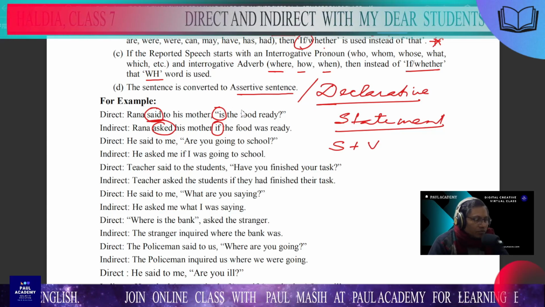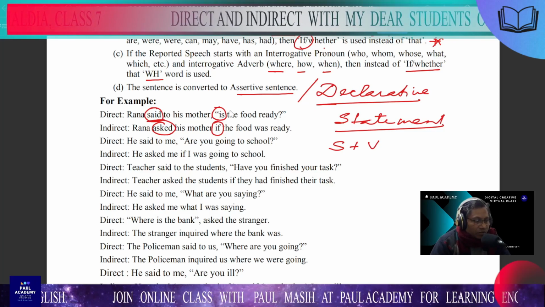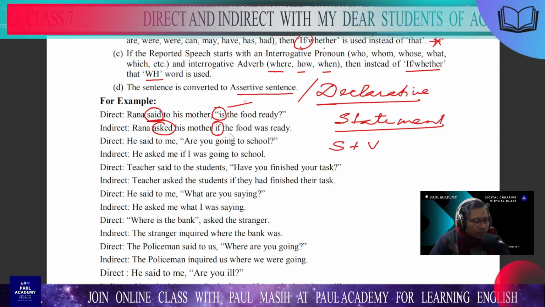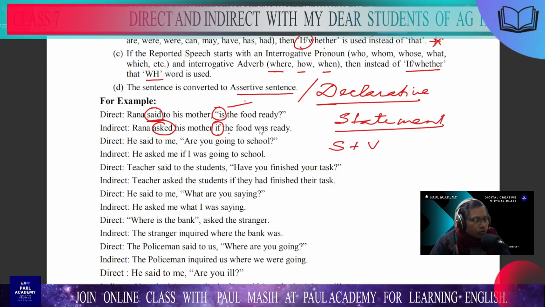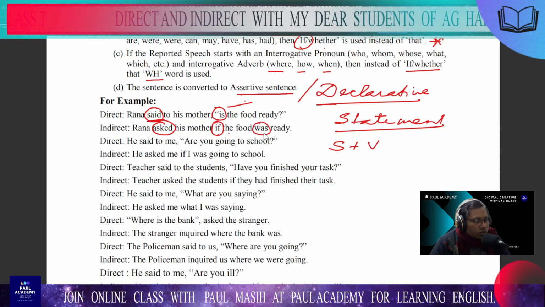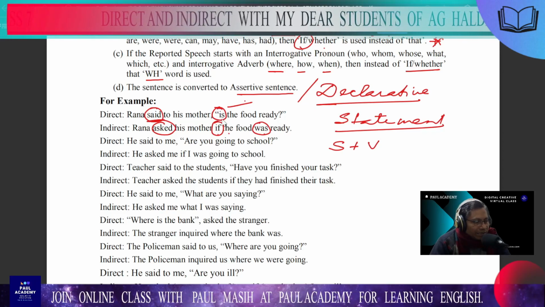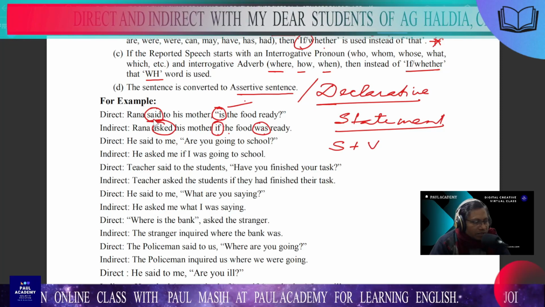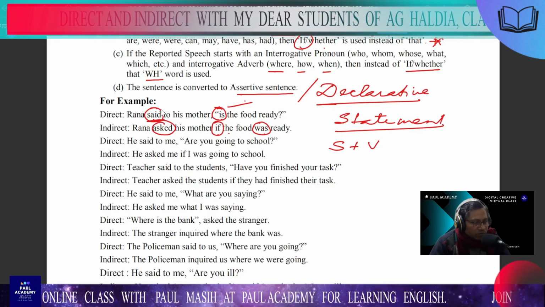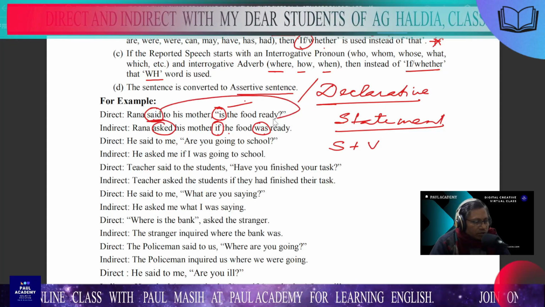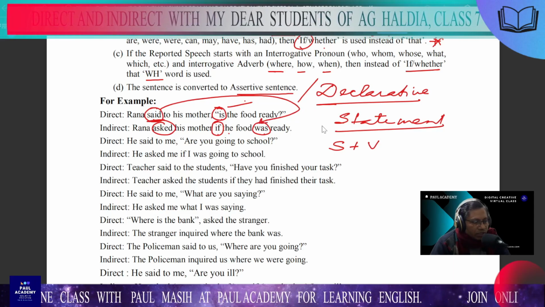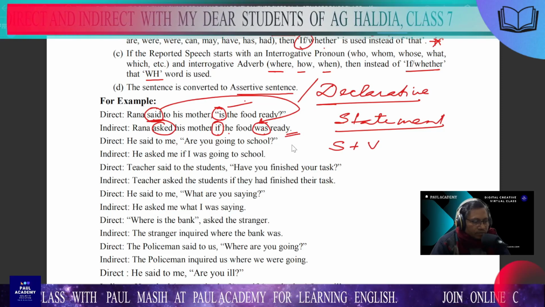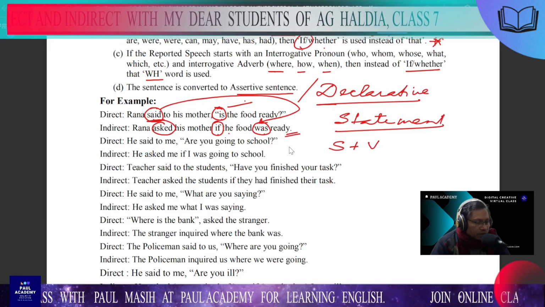Because it is beginning with a helping verb. Is is a helping verb. Is the food ready? If the food was ready. Why are you changing is to was? Because the reporting verb outside is in past tense. So whenever the reporting verb is in past tense, your reported verb also changes into past tense, and then you end in a full stop. I hope that you understood.